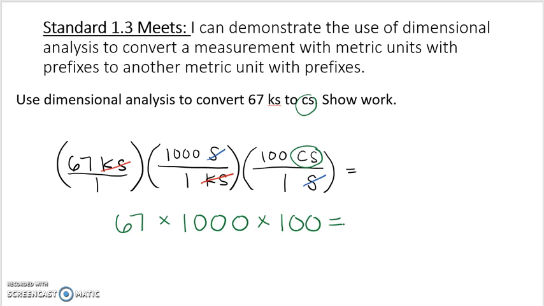If I move my decimal or I plug it into my calculator, whichever I'm more comfortable with, I should end up with the answer of 6,700,000. Now, the most important step at the end here is to make sure that I put my unit.